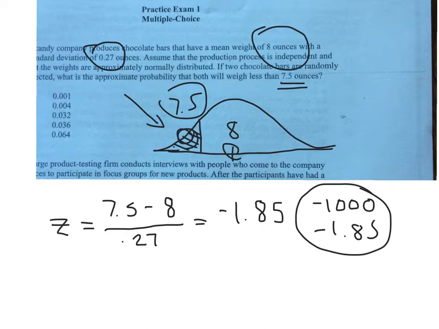And we figure out what that number is. And that number is 0.032. So that's like our p-value, right? Okay, is 0.032. Devilish, because there is the answer right there, except they say, what is the probability that this happens twice?